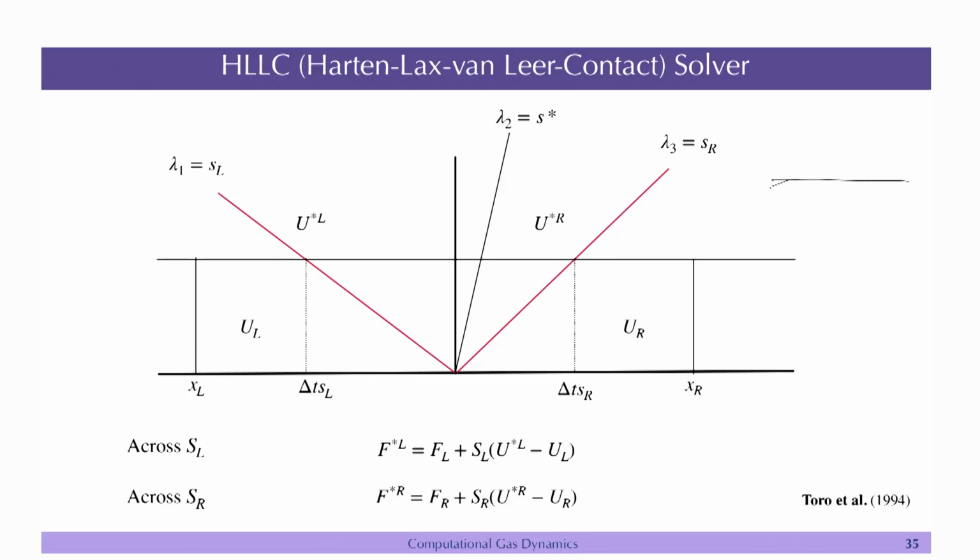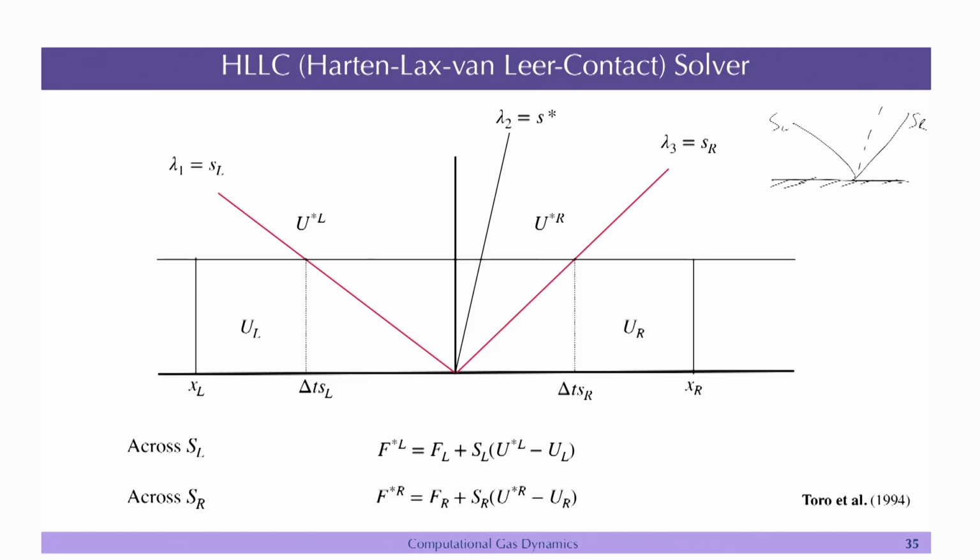Hello everyone, welcome back. In the last class we looked at the HLL solver, where we assumed that there are only two waves, SL and SR, and ignored the contact discontinuity.